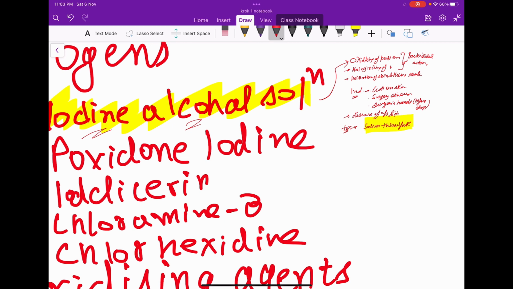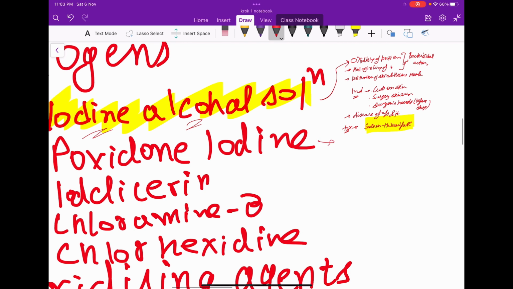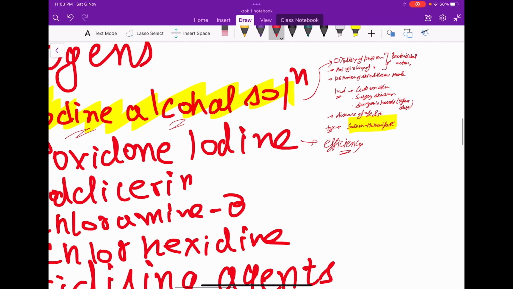It works by releasing iodine with a bactericidal effect, and exhibits a longer lasting antiseptic effect than tincture of iodine. So guys, it is more efficient because it lasts longer, right? Thereafter, guys, it is also used for pre- and post-operative skin cleaning. Again, same. Thereafter, it is for the treatment and prevention of infection in the wounds.